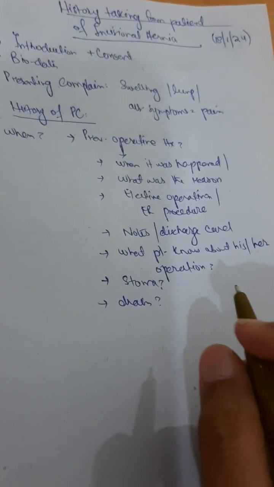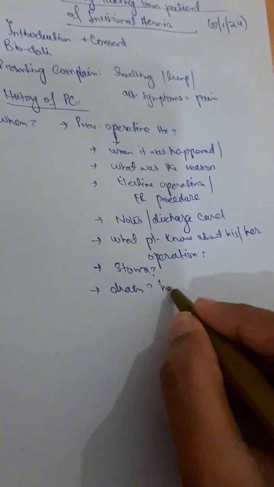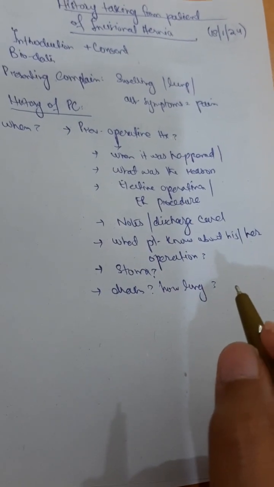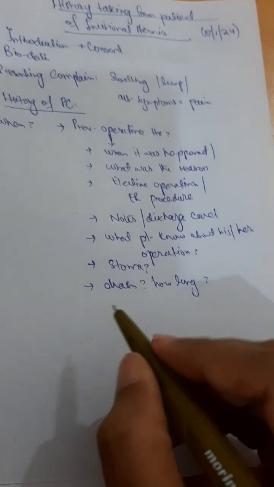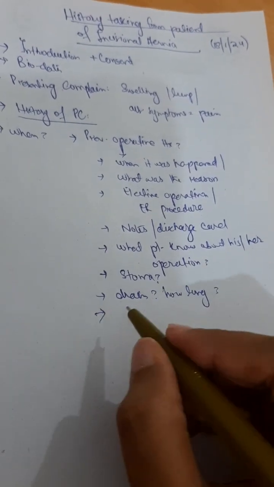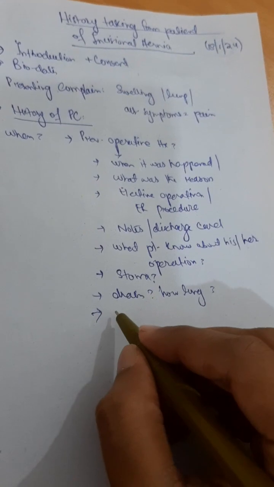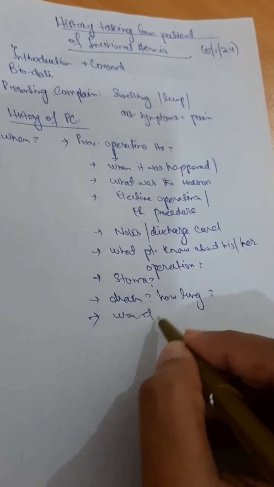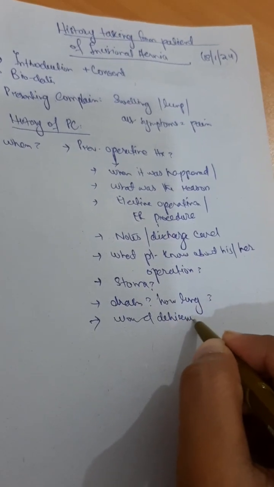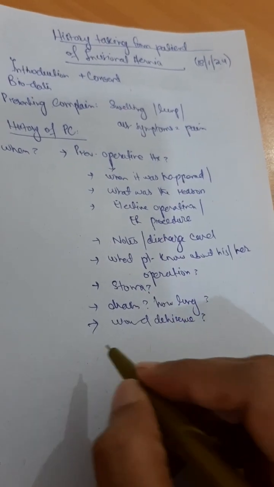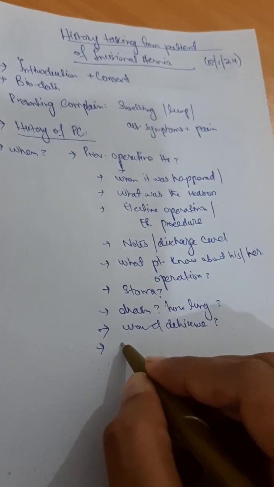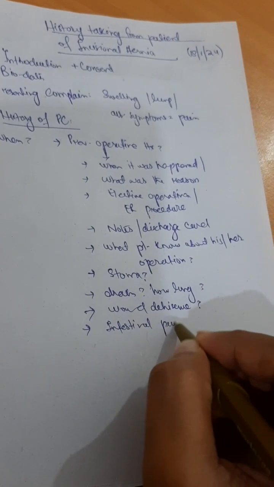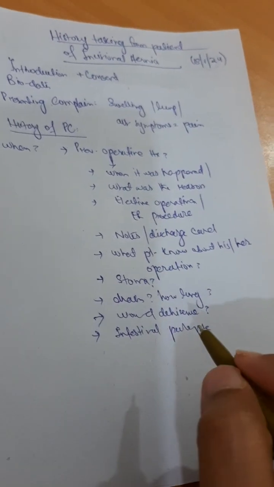If the drain was placed, then how long did the surgeon keep the drain inside, and was there any history of wound adhesions and intestinal prolapse outside?